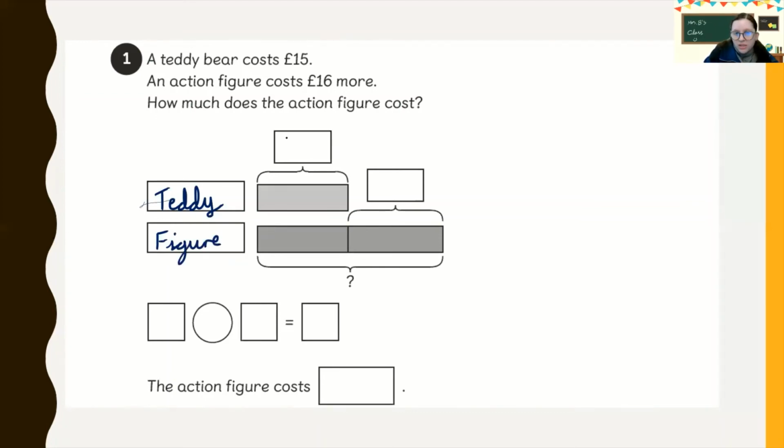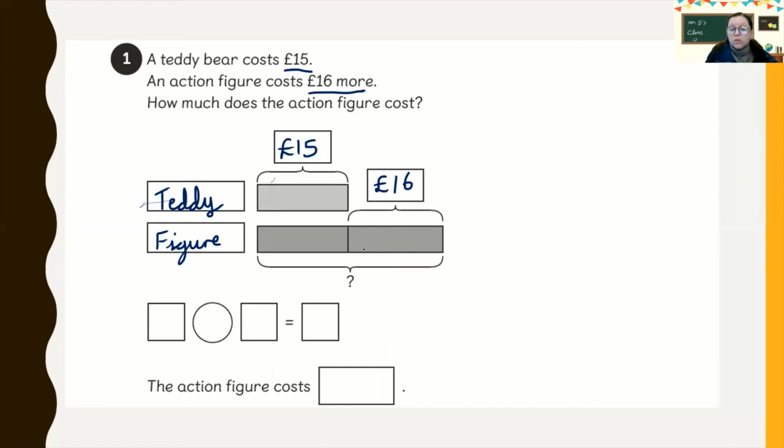Okay, how much did the teddy bear cost? That's right, £15. How much more did the action figure cost? That's right, 16.